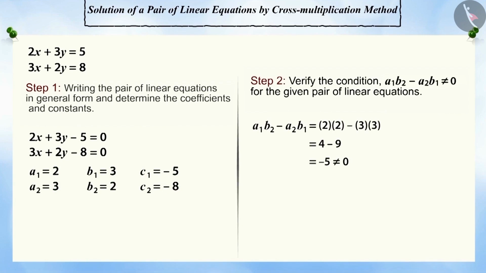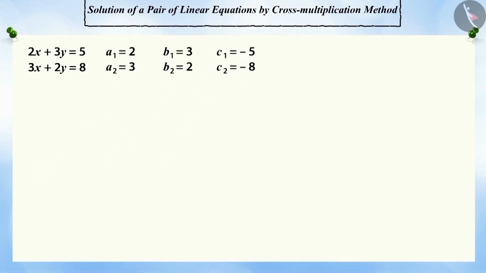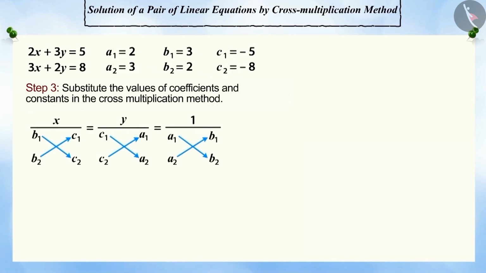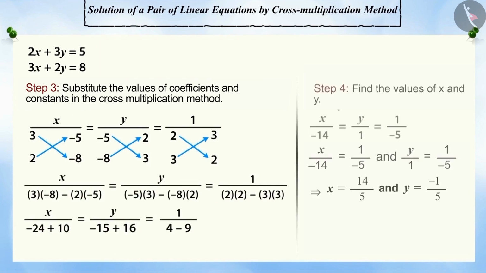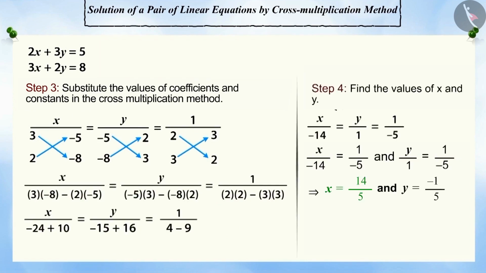In the next step, for the given pair of equations, we check the condition a1b2 minus a2b1 is not equal to 0. Then, we substitute the values of coefficients and constants in the given method. And finally, we find out the values of x and y.